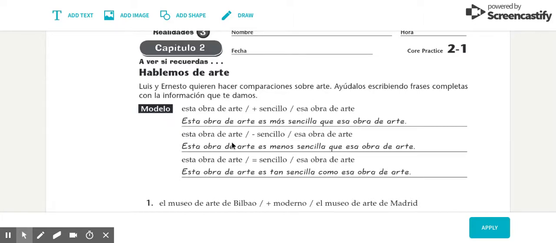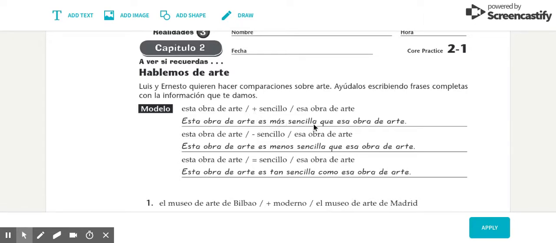So, modelo, the examples. Esta obra de arte, so you can see it's copied there. We want to say it's more simple. Es más sencilla. We have singular, esta obra, this work of art. So we have es, that's why the s is there. And the más is because it's the plus sign there.